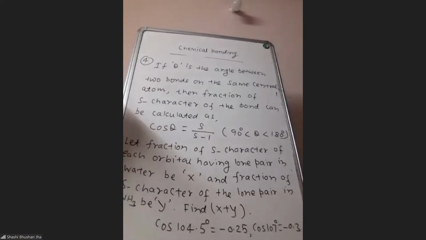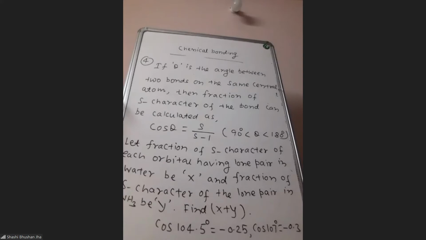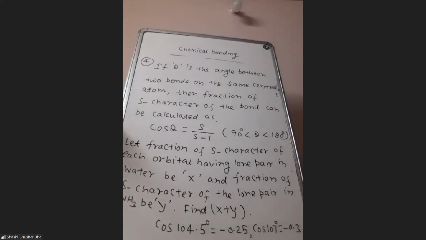What is cos of 107? Cos 107 is minus 0.3. Solve it.